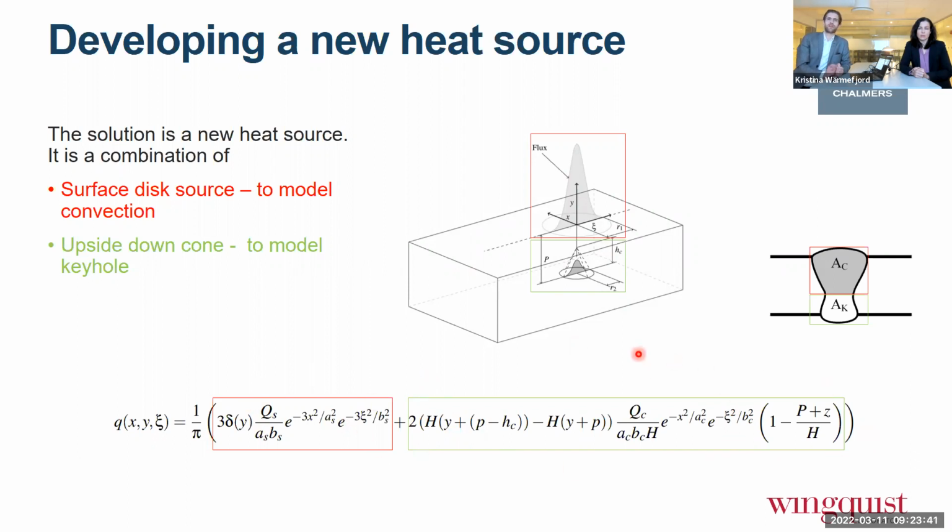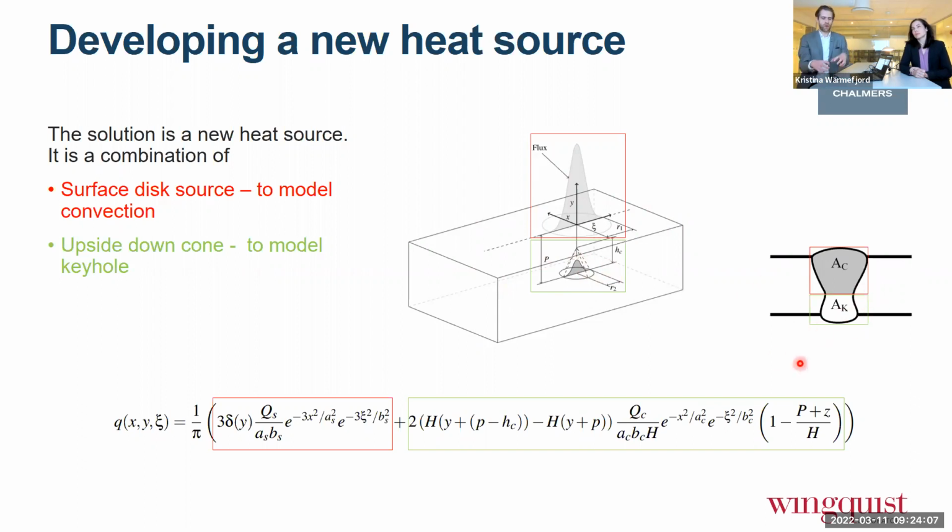I don't think we need to talk about the details of the equation right here, but what is interesting is that we could rather easily couple the top of the heat source with the convective area we can see over here. And we can couple this digging down of the keyhole appearance with the bottom here.